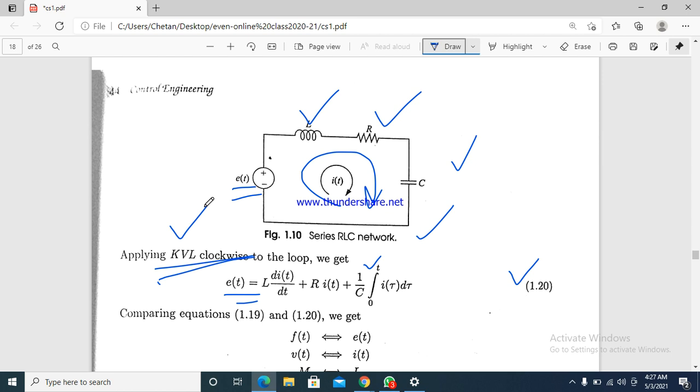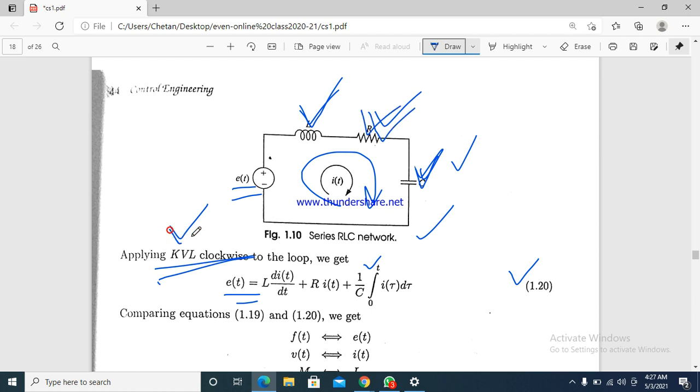Instead of current source I of t, you have written voltage source E of t. Similarly, in place of spring, you have drawn inductor. Next, in place of mass, you have drawn capacitor, and in place of dashpot, you have written resistor.